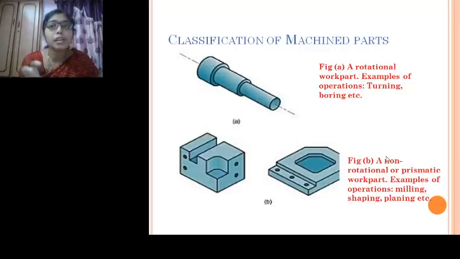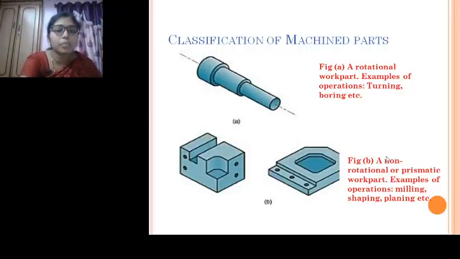Here we have to consider the final cross section that has to be obtained. Depending on the final cross section of the component, you can obtain the shape of the component, right? So if you see the different machined parts that can be obtained.